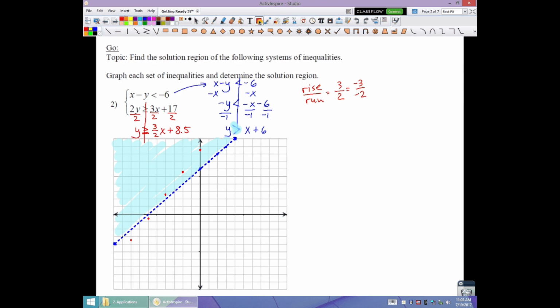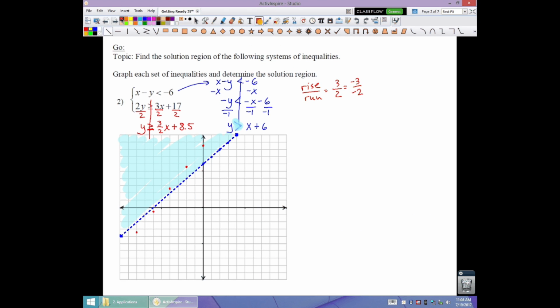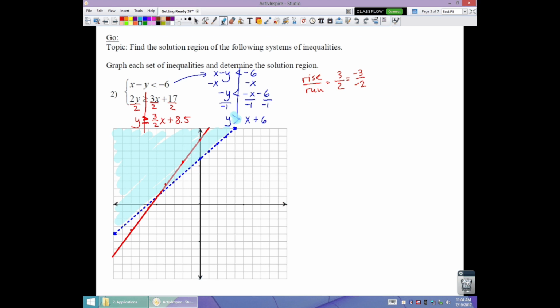So a solid red line, and again, I can trust the inequality symbol once I am in slope-intercept form. So it says greater than. I'm going to shade above this line.